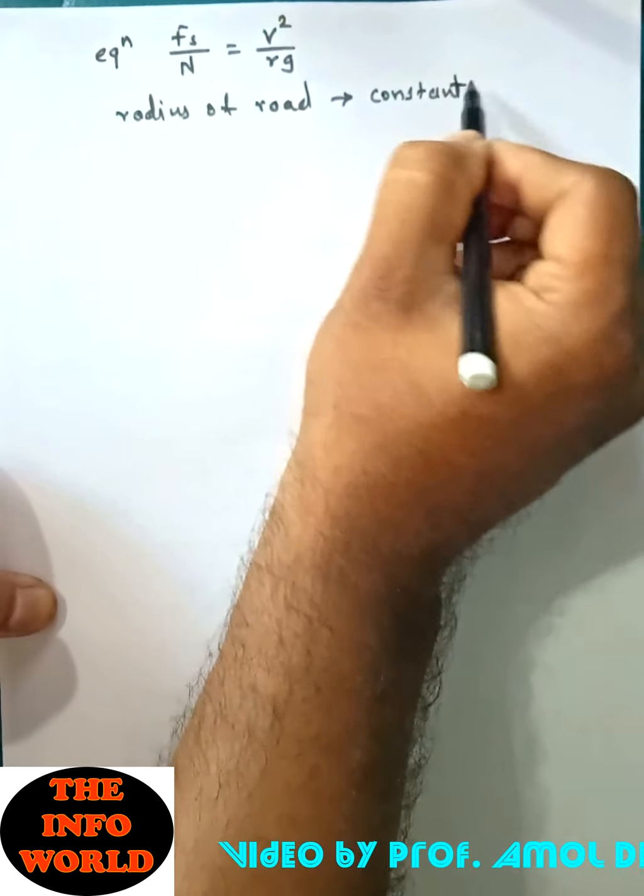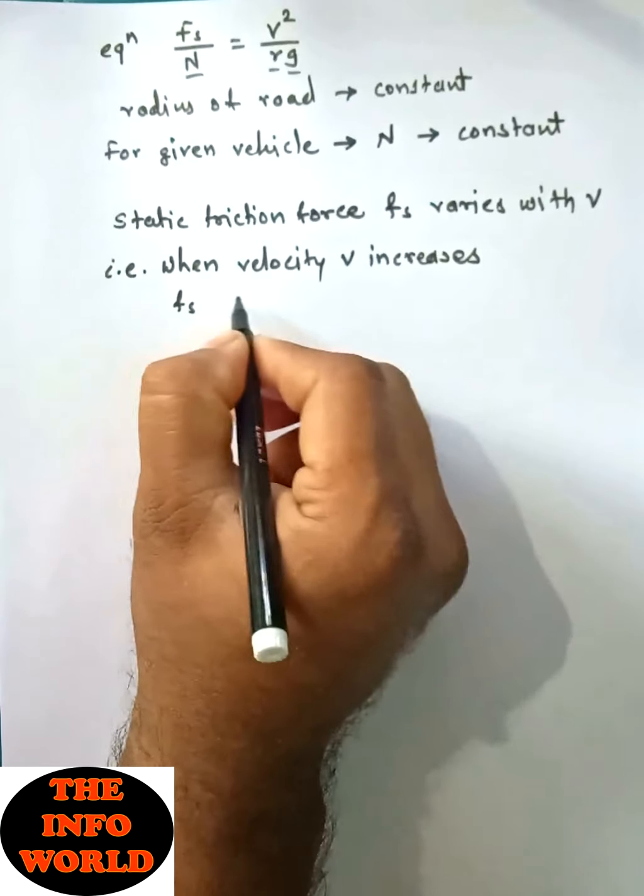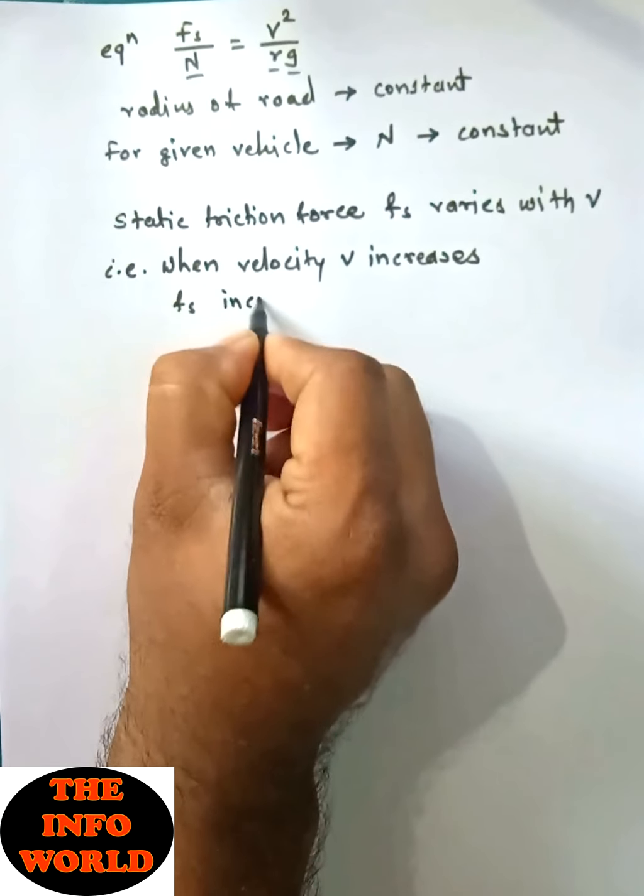So the Fs changes with v. Thus, the static friction force Fs varies with velocity v. When velocity v increases, the static friction force Fs increases.